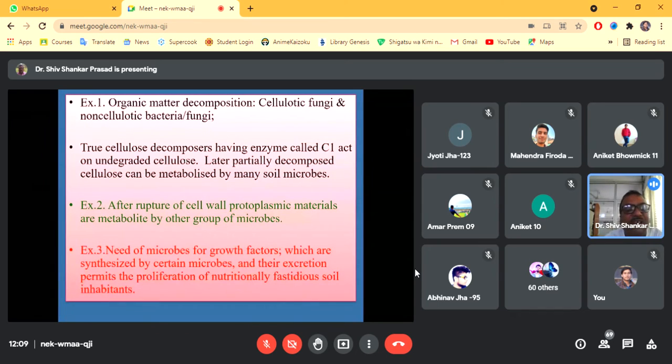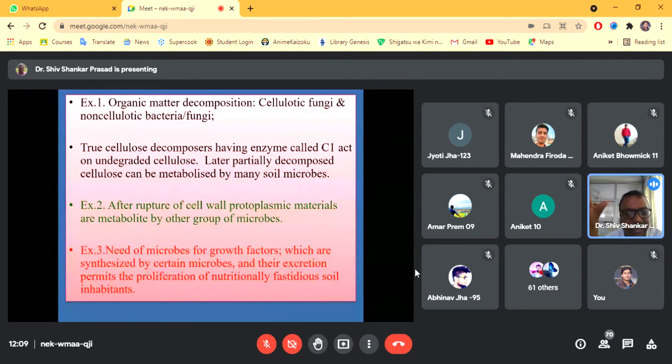Another one is the need of microbes for growth factors, which are synthesized by certain microbes, and their excretion permits the proliferation of nutritionally fastidious soil inhabitants. Okay, several microbes synthesize vitamins and hormones into the rhizosphere.